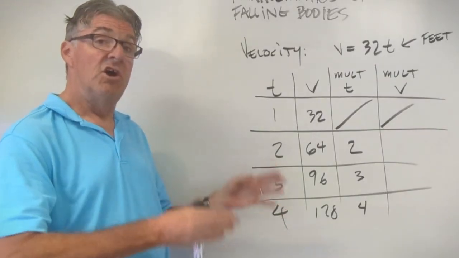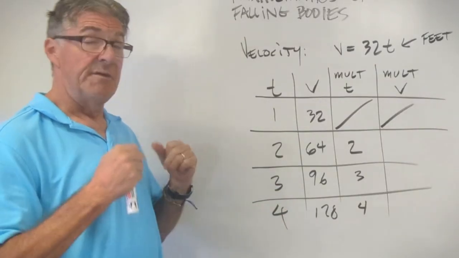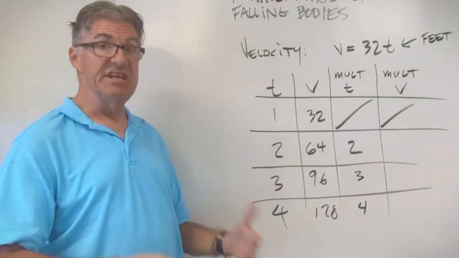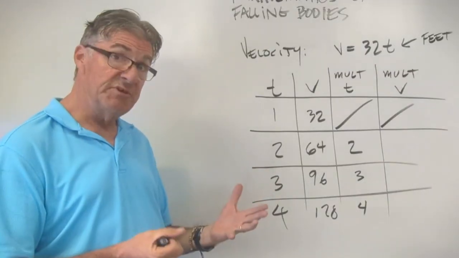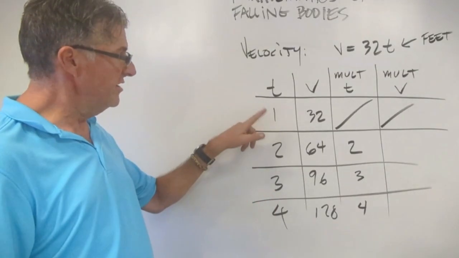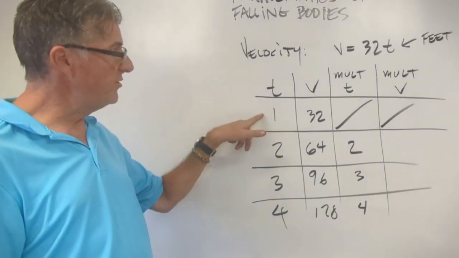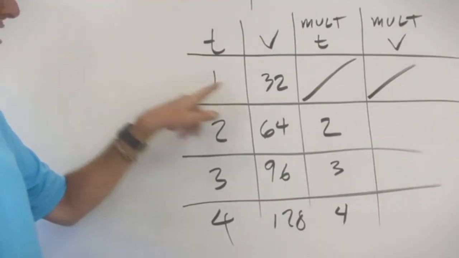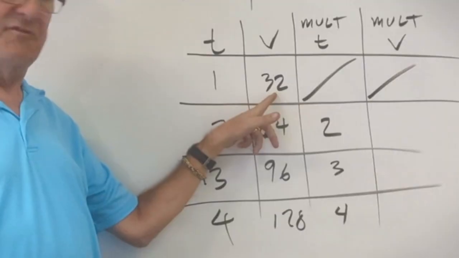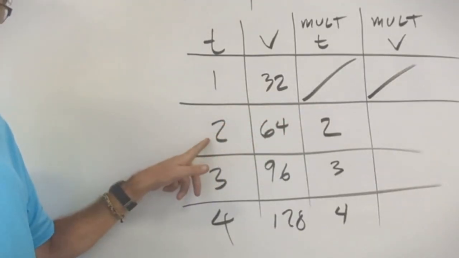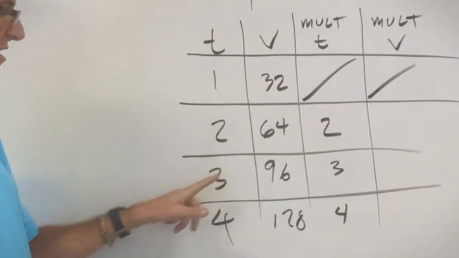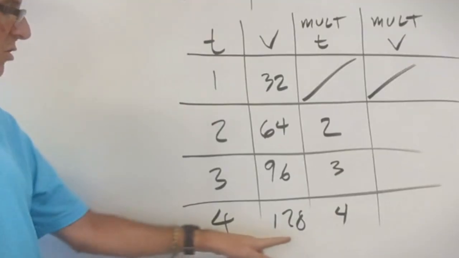Okay, quickly here, we are going to analyze the multipliers for velocity and for time. So just like we did with distance, here's our first number. We don't have a multiplier yet. When the time is 1 second, the velocity is 32 feet per second. And when the time is 2 seconds, velocity is 64, 3, 96, 4, 128.